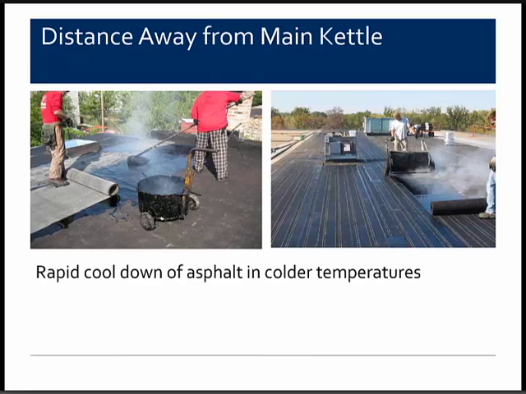The gentleman on the left is using the cart, whereas the guy on the right is using the mechanical spreader. So if the kettle was, say, in the parking lot 200 feet away, you want to make sure that where this gentleman is applying the hot asphalt, it's within the proper range of temperature during the application. And as you can tell, on colder days, this hot bitumen will cool a lot faster.